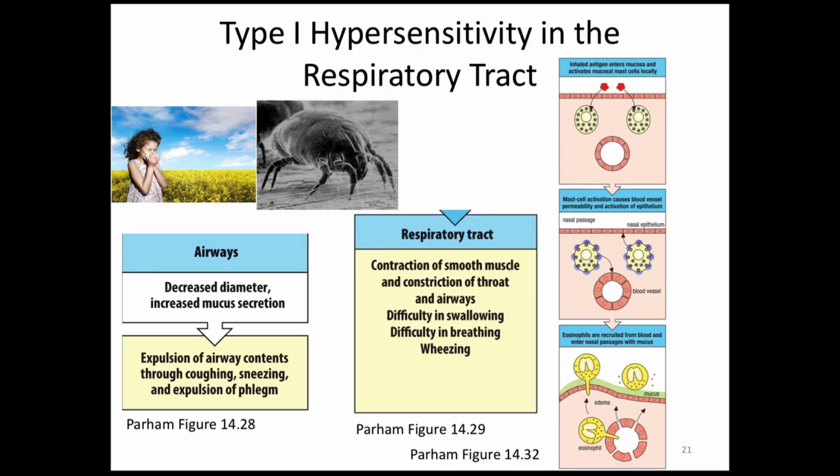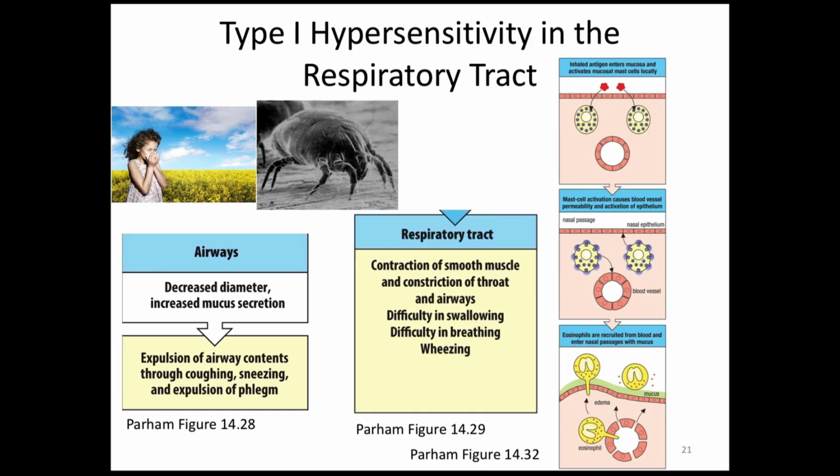But now we're going to have a lot more epithelial and smooth muscle in that area, which we weren't seeing as much in the skin. So we're going to have changes in the blood vessels, but we're also going to decrease the diameter of our airways, and we're going to start expelling those airway contents. And so we're generally going to see constriction of the throat, constriction of the airways, difficulty swallowing and breathing, and wheezing all coming together.